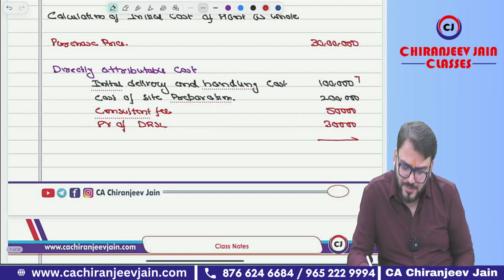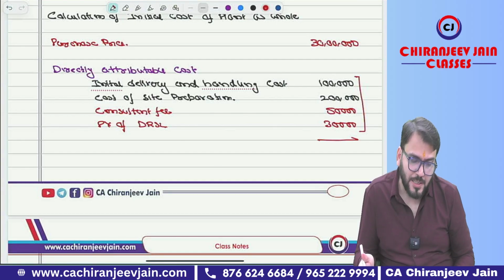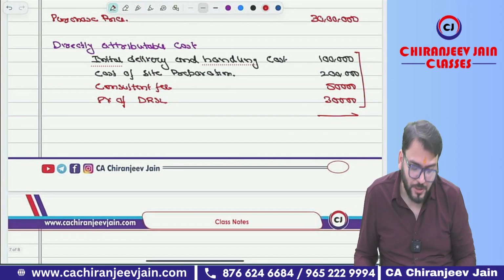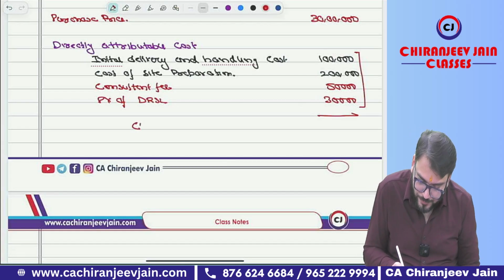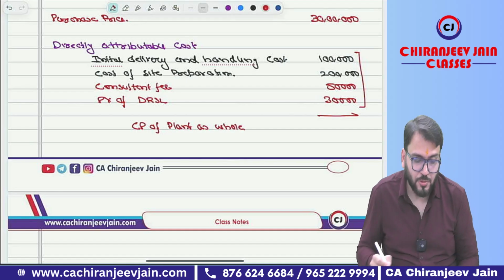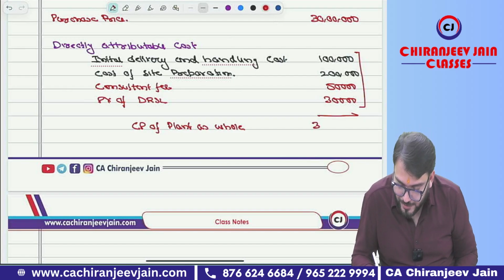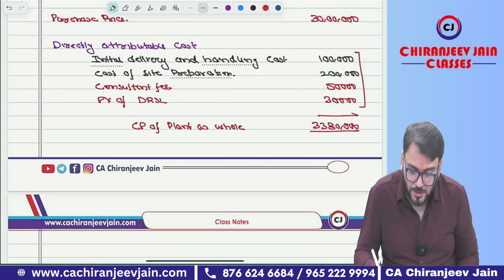You can do these separately, or you can just make a total. So what is the cost price of the plant as a whole? It is 33 lakh 80,000.